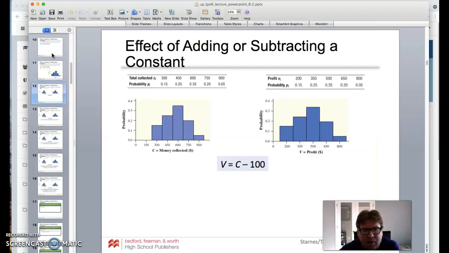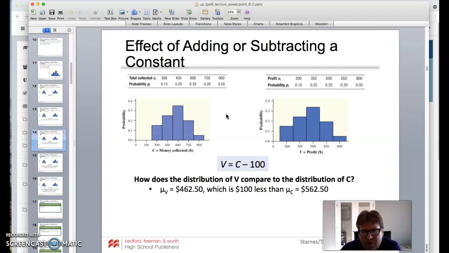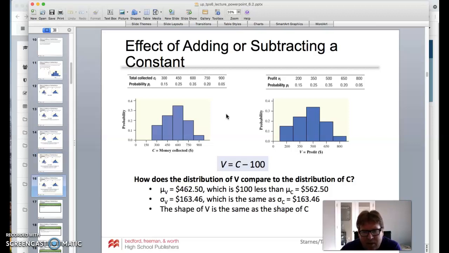You can see that a little clearer on the original one that we see here. We just shift everything down 100, subtracting out those costs for him to talk about profit. So it makes a little bit of sense. Everything's the same except it's shifted down by 100. The mean is 100 less, the standard deviation stays the same, and the shape is also the same.